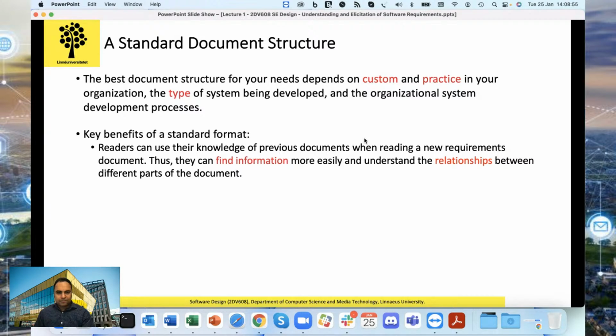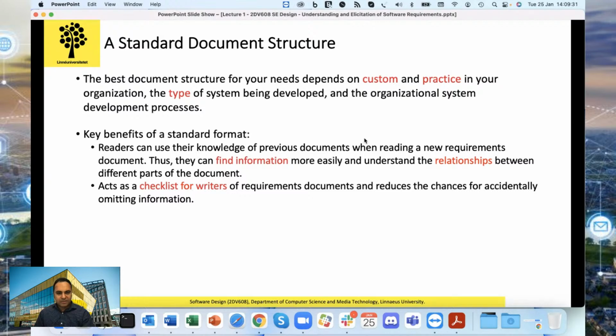But a good thing about a good and easily understandable requirements document is that readers are able to find information very easily and quickly. Sometimes we might have requirements that are related to each other, right? So by reading your requirements document, it should be clear to the readers the relationship between different parts of the document.